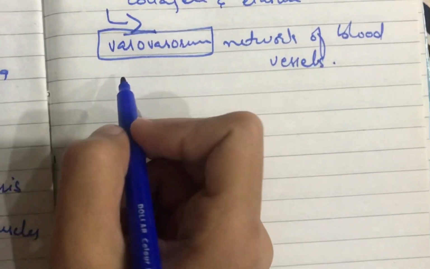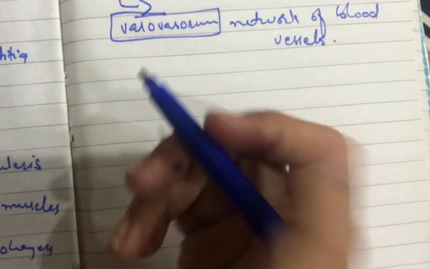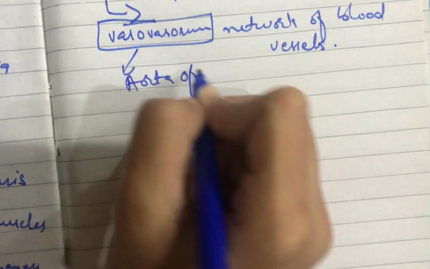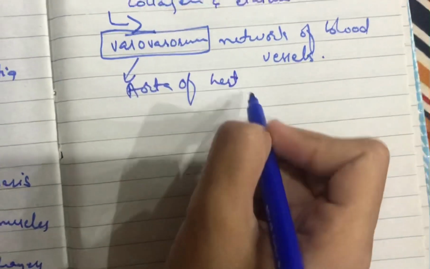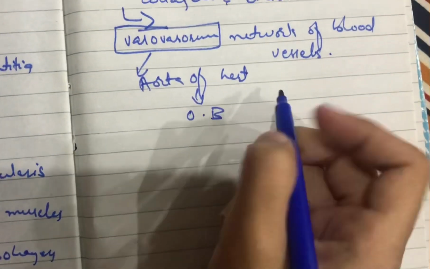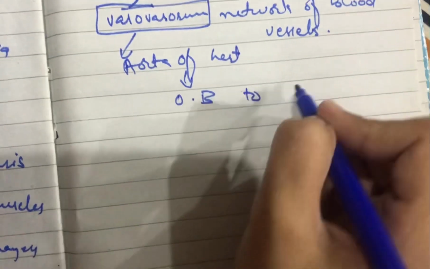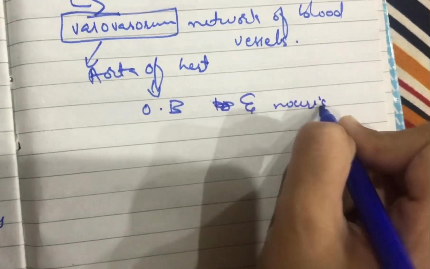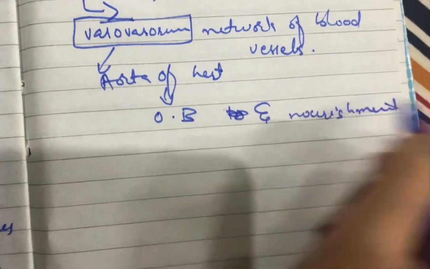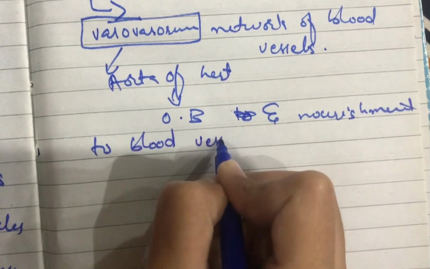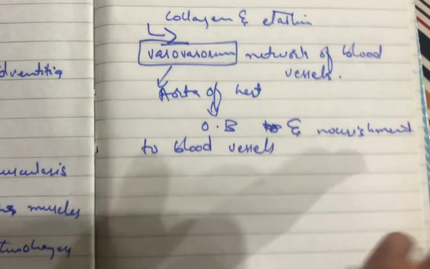So in this layer, this blood vessel is coming from the aorta of the heart, and it is providing oxygenated blood and nourishment to blood vessel walls, like arteries and veins walls.